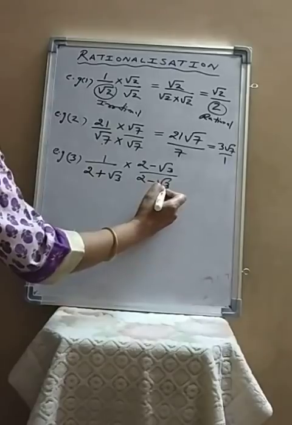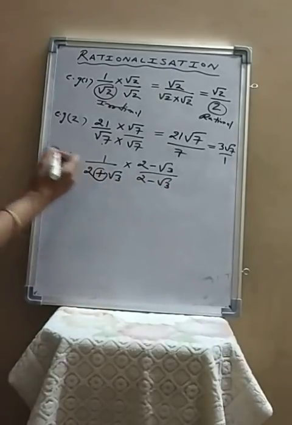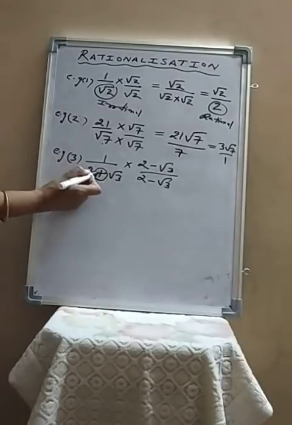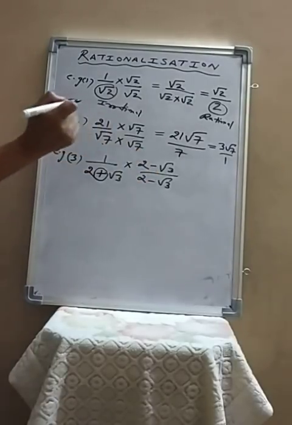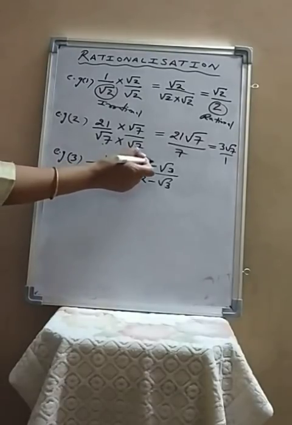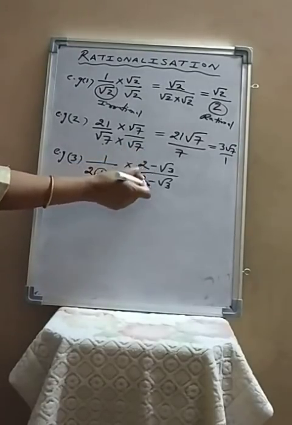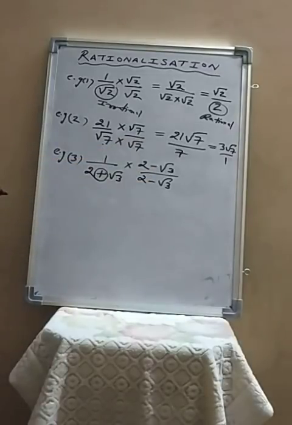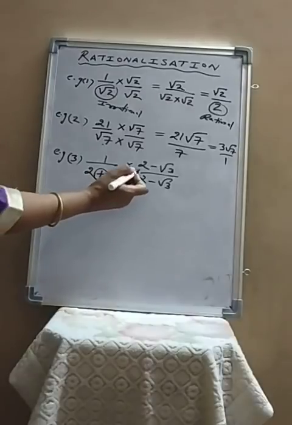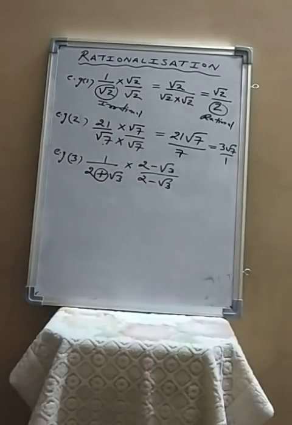It means we have to take the opposite sign of this sign. If we have plus here, we will take minus, and if we have minus here, we will take a positive sign in both numerator and denominator. So if it is 2 plus root 3, then the rationalizing factor is 2 minus root 3.